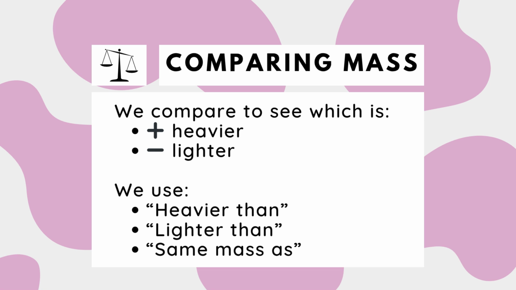We're going to use words like lighter than when we want to say something is lighter. For instance, the feather is lighter than the rock. And if something is the same mass, we say the pillow has the same mass as the bottle.